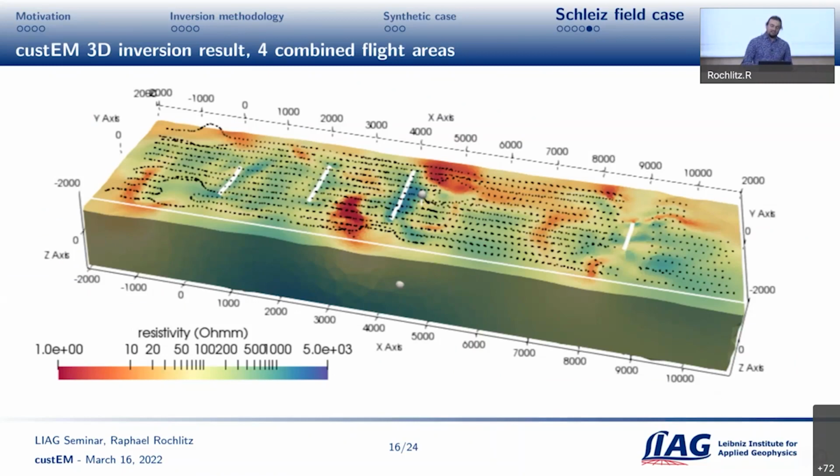It includes 2,000 receiver stations with 2 components for 4 transmitters. So this is a real multi-flight area data set, a large data set. And this is the combined inversion result if we put all our data in a single inversion.